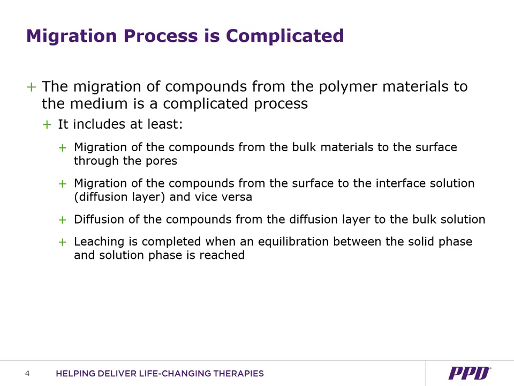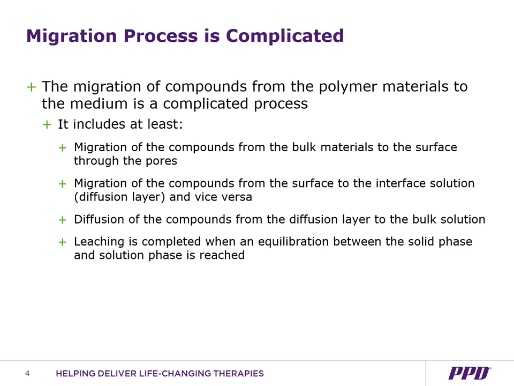Unfortunately, the migration process is quite complicated. There are a lot of factors that go into compounds migrating from polymer materials. Some of those factors are the migration of compounds from bulk material to the surface through pores in the material, the migration of compounds from the surface of polymer material to the interface or the diffusion layer and vice versa, and the diffusion of compounds from the diffusion layer into the bulk solution.